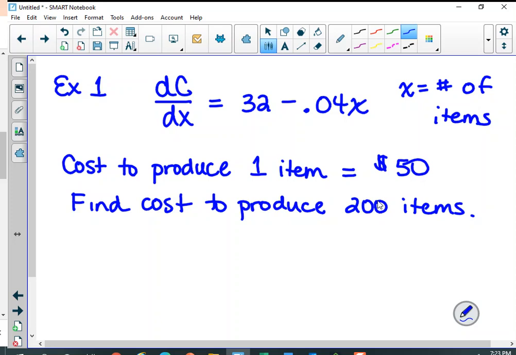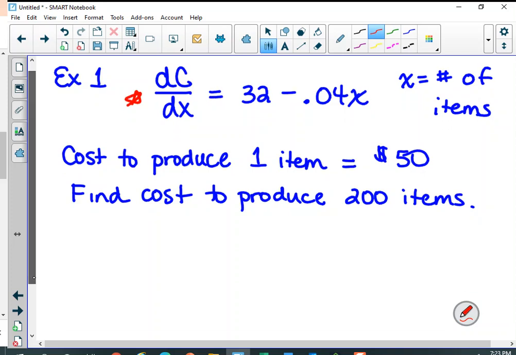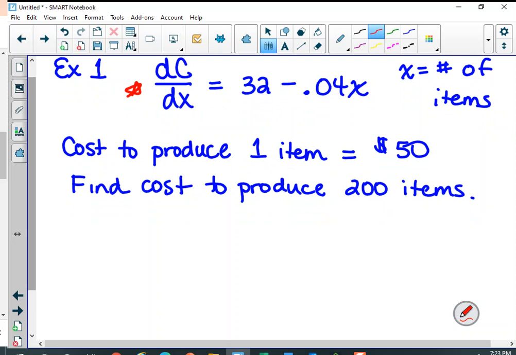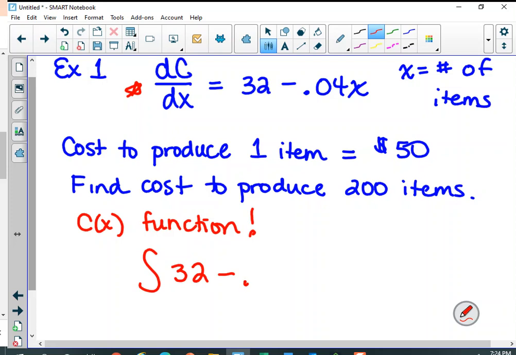So since we have a varying relationship in our costs, in order to figure out the final cost for 200 items, let's see if we can come up with a cost function overall. The way we're going to do that is we're going to take the antiderivative of our marginal cost.